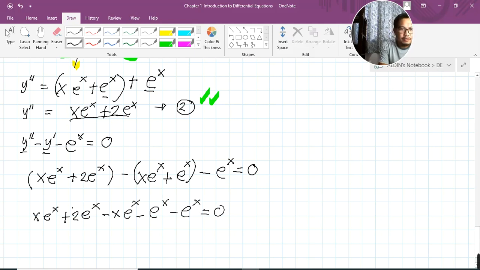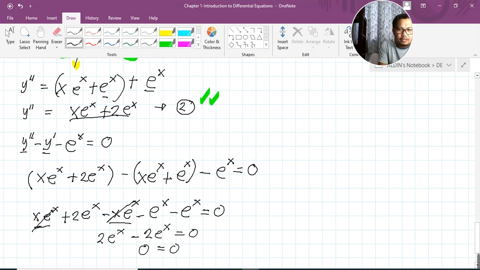Simplify. x e raised to x minus x e raised to x cancel, that is 0. Then you have 2e raised to x, and you also have negative e raised to x, and negative e raised to x, so that is negative 2e raised to x. So 2 minus 2 is equal to 0.